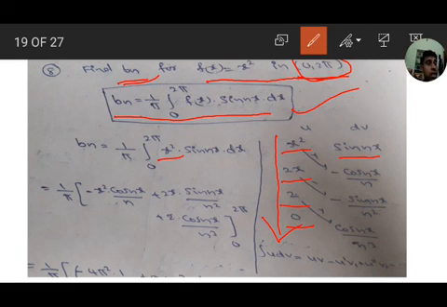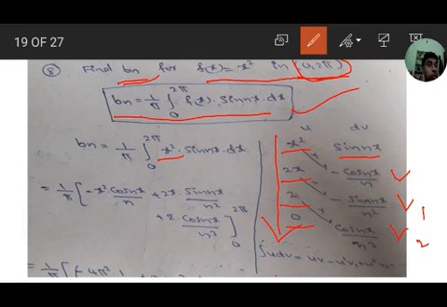Integrating, v is minus cos nx by n, v1 is minus sin nx by n square, v2 is minus plus cos nx by n cube. Minus is already there, so it will come plus.